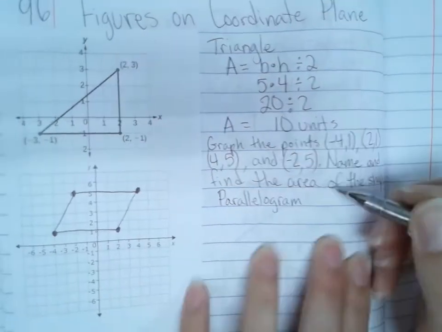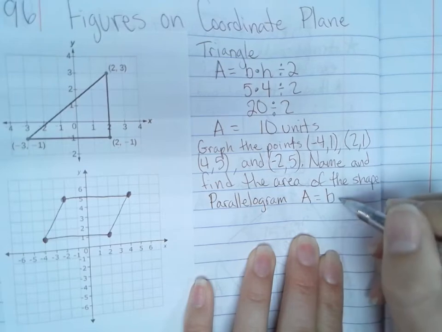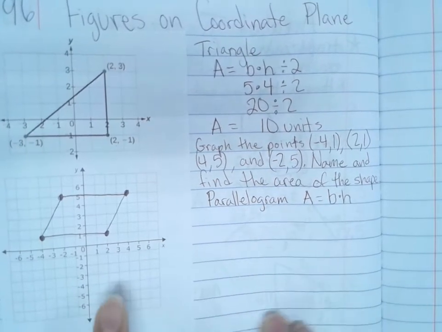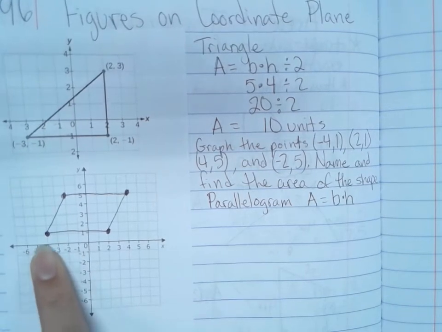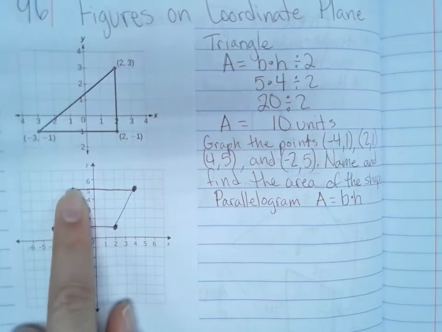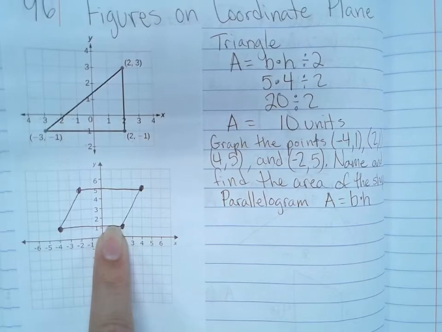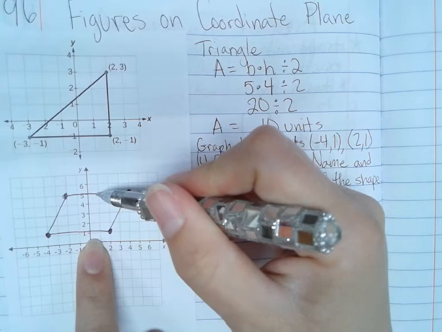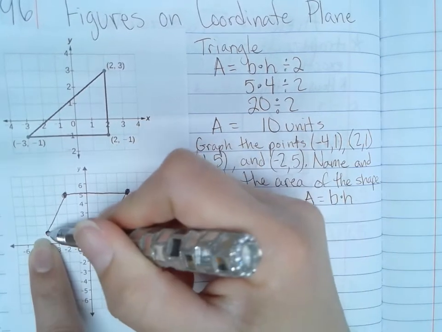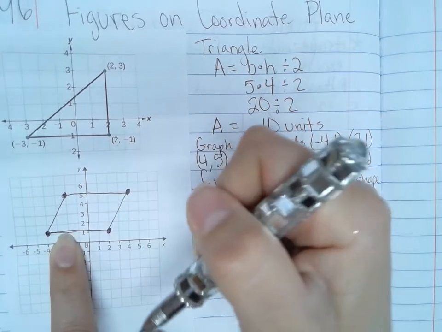The area of a parallelogram is found by doing base times the height. So let's look over here at our figure, and let's look at our base and our height. Looking at this, we want to find a right angle. An easy way to do that is just looking at the grid squares. I could make a right angle with any of these, with this side or this side.